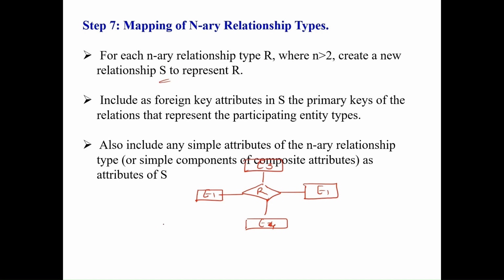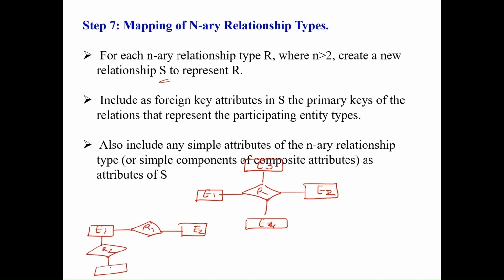So we have to convert this relationship into binary relationships. We can say that E1 is involved with relation R1 with E2, or E1 is involved with relation R2 with E4, and so on.